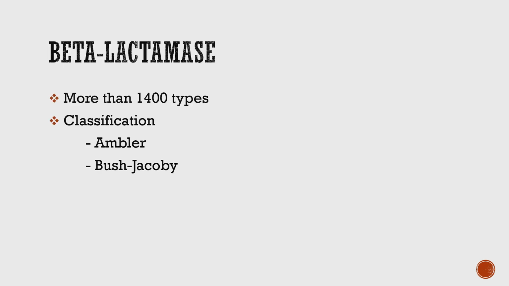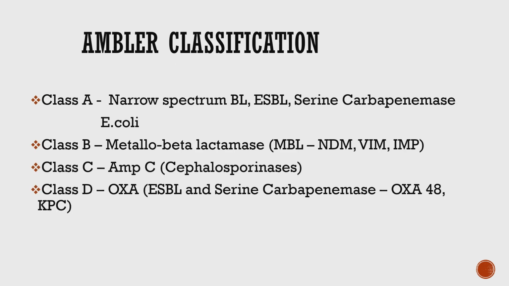In our case, it is a case of Enterobacteriaceae infection, and beta-lactamase is the most common cause of resistance. If you read the microbiology book, they say there are more than 1400 types of beta-lactamase, and there are a lot of classifications available, but this is not important for the clinician.